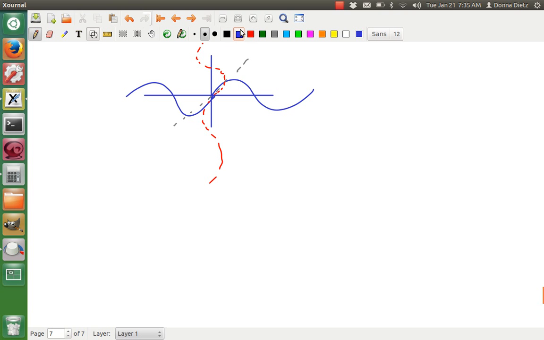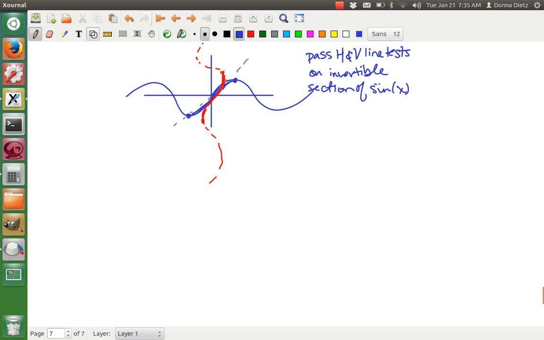But the point is, if you're going to do a sine function and then you're going to want the inverse of it, this is a good piece of sine to invert, because we want to invert something that needs to pass the horizontal and vertical line tests, an invertible section of sine of x.